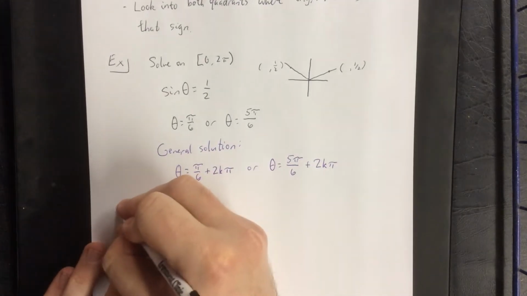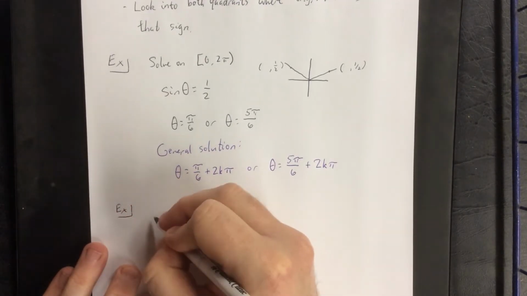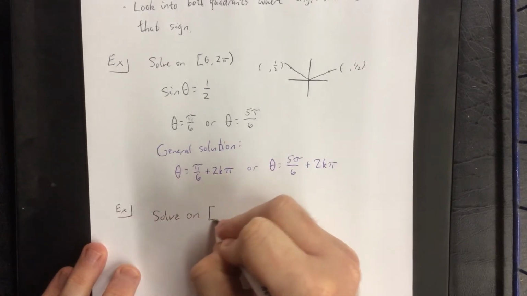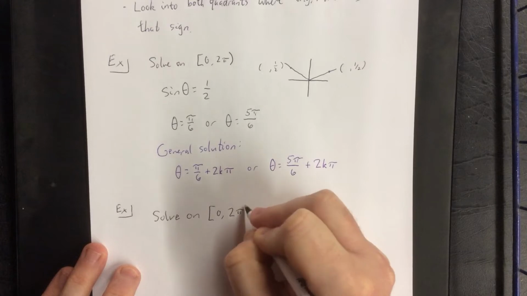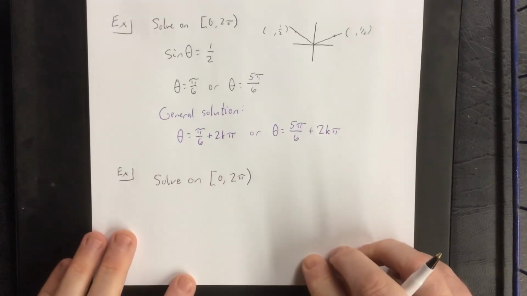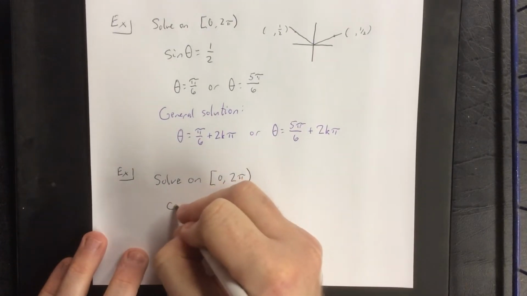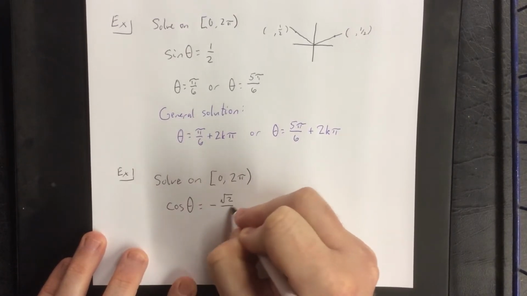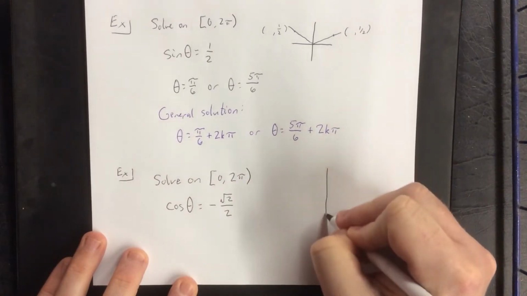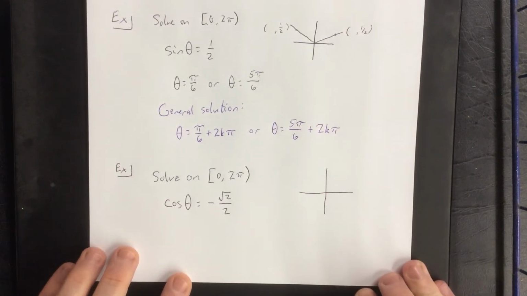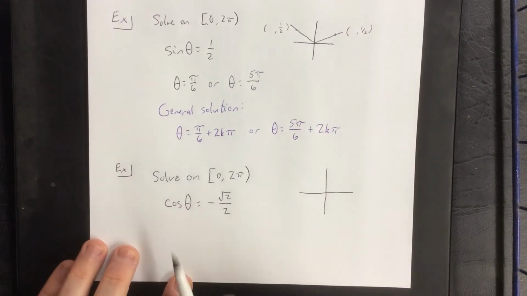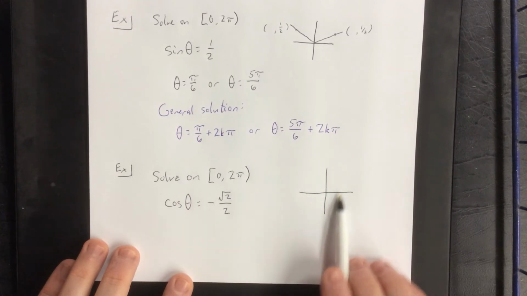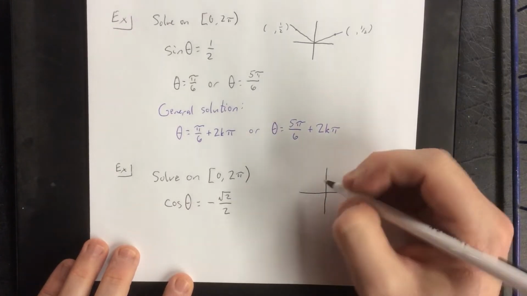Another basic form that will involve good knowledge of the unit circle, I would like to solve on 0 to 2 pi. And I'd like to do the cosine of theta is equal to negative root 2 over 2. Now for this example, we're dealing with the cosine, and the ratio is negative. So in which two quadrants do we find a negative cosine?